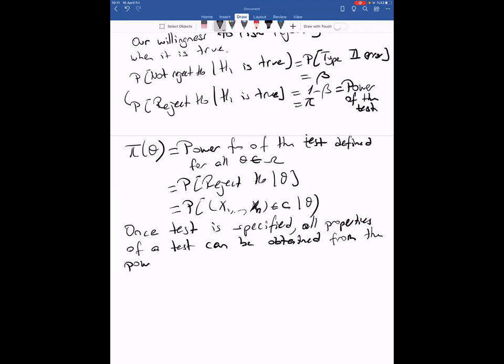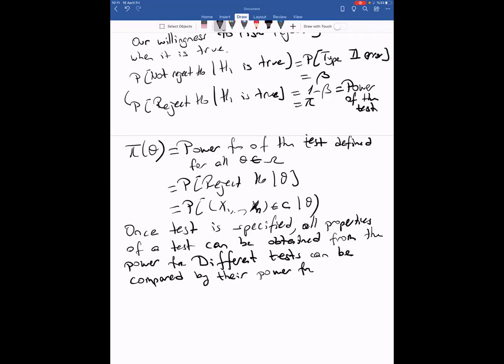So alpha level, beta level, 1 minus the beta level can be defined. We can compare the performance of different tests based on their power function. Different tests on the same parameter are compared, like when we compare the different confidence intervals that we generate using different methods, their power function.